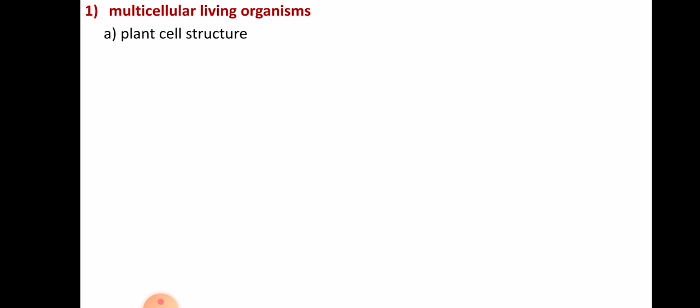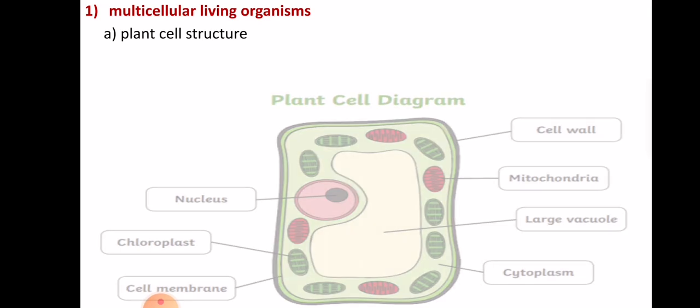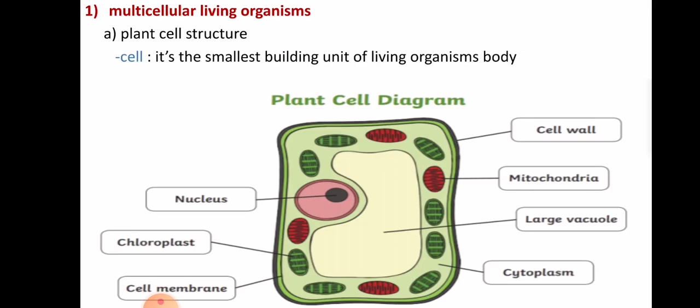At the beginning, we have to memorize that the cell is the smallest building unit of a living organism's body. In this picture, you will see all the components of the plant cell. We will speak about each one of them in detail, like their functions. So let's start.